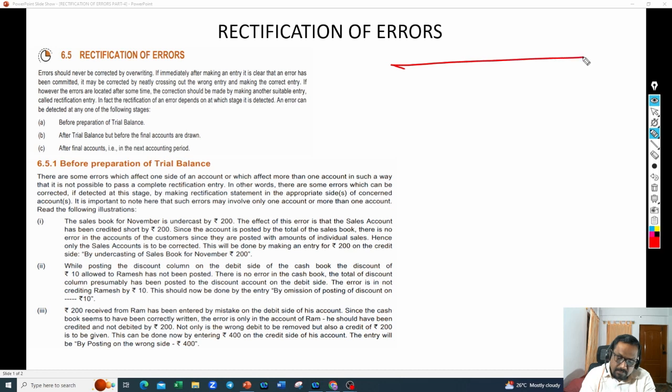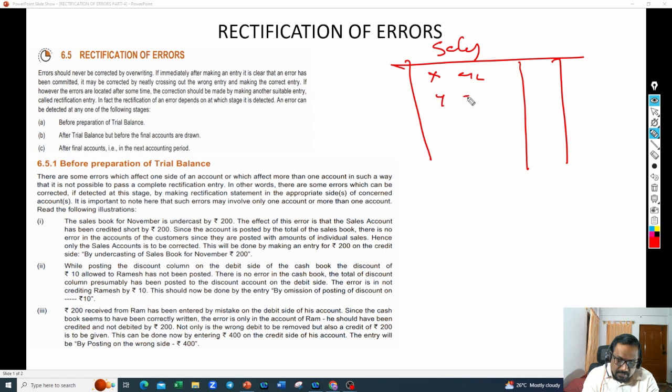I'll take one more example. Let us say sales book. When we prepare the sales book, what do we do? We can sell goods to X account, Y account, Z account, A account, B account. Like this, we keep selling the goods, right?